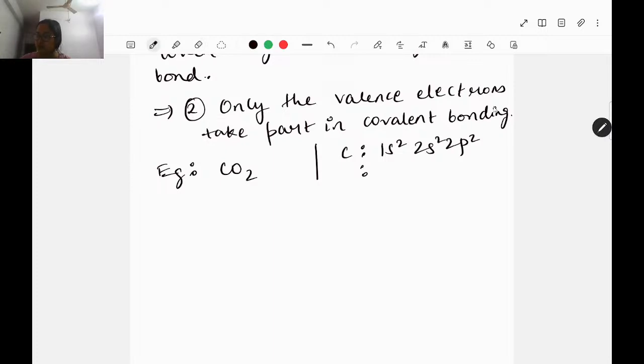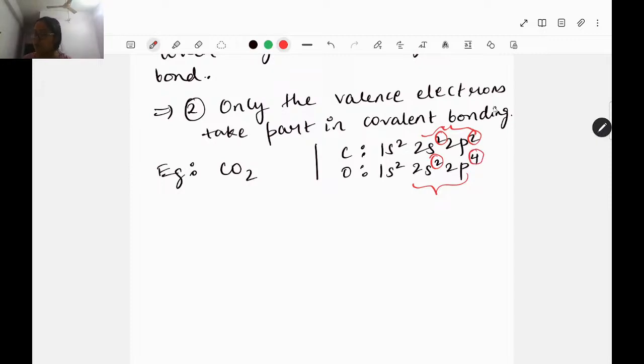Oxygen has an atomic number of 8, so it has an electronic configuration of 1s2, 2s2, 2p4. Now it is very important to note down the valence electrons. The valence electrons in carbon are 4. Why? Because it is the 2s and 2p: 2 electrons from 2s and 2 electrons from 2p. And the valence electrons in oxygen are also from the 2s and 2p orbitals, so it has 2 electrons from 2s and 4 electrons from 2p.